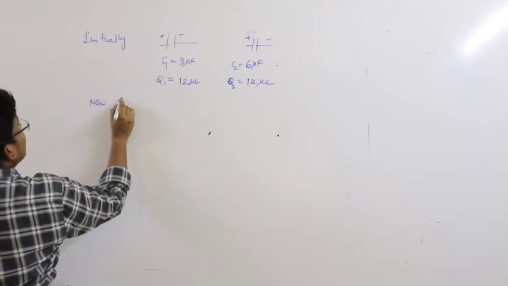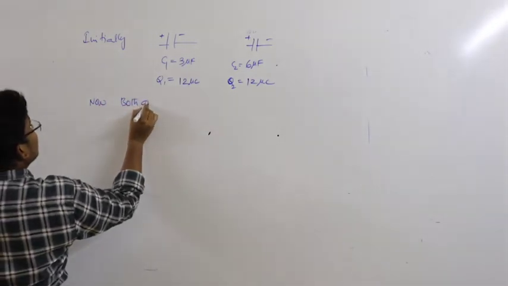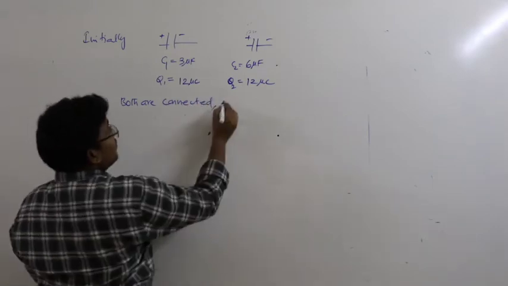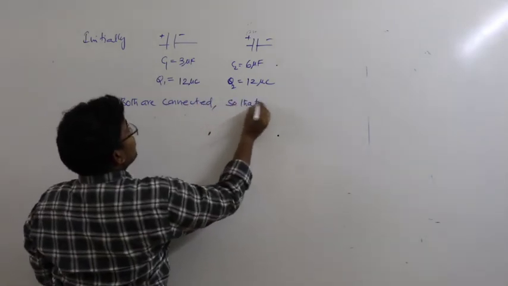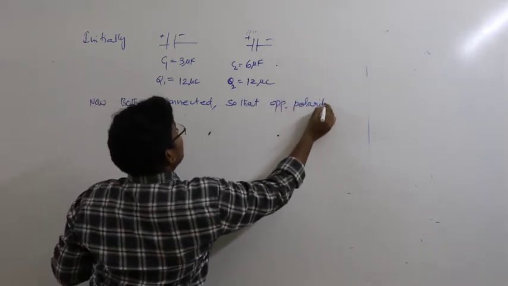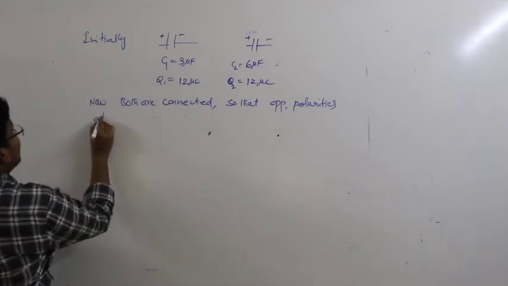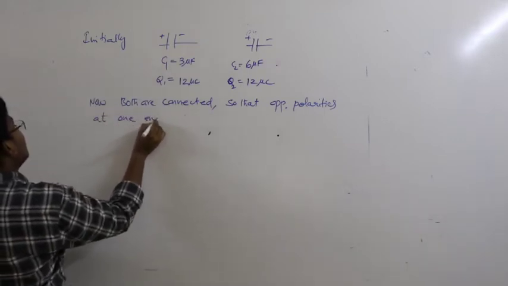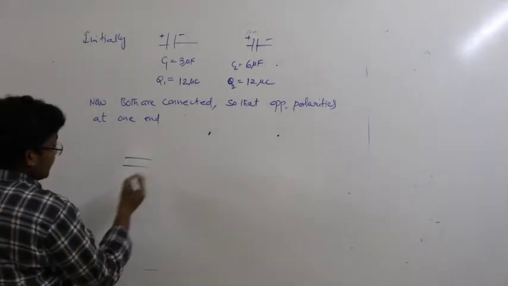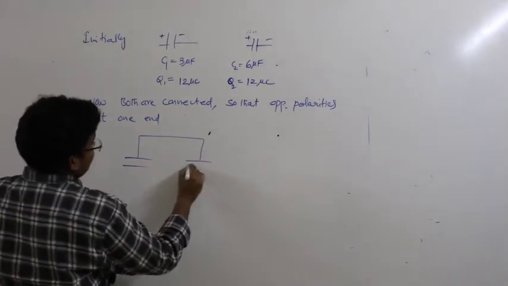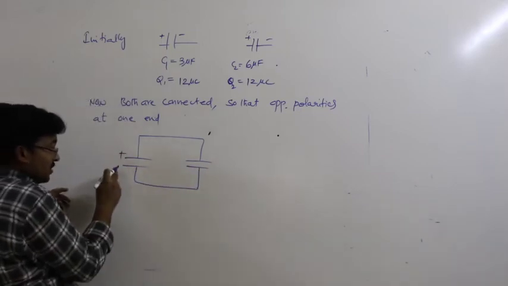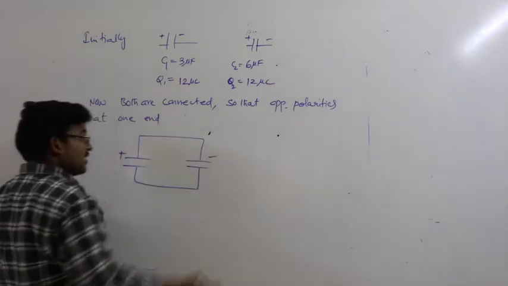Now both are connected so that opposite polarities are at one end. Means now I am connecting the capacitors. See how: this is capacitor 1 and this is capacitor 2, so that the plus of the first one is connected to the negative of the second one.